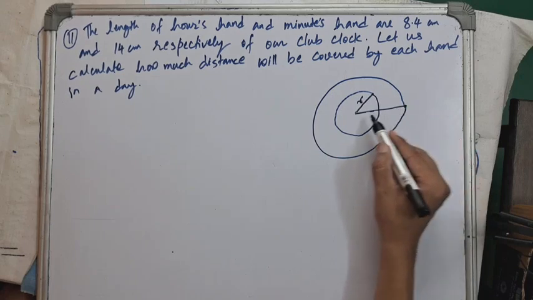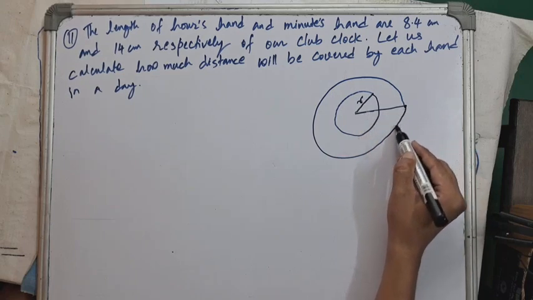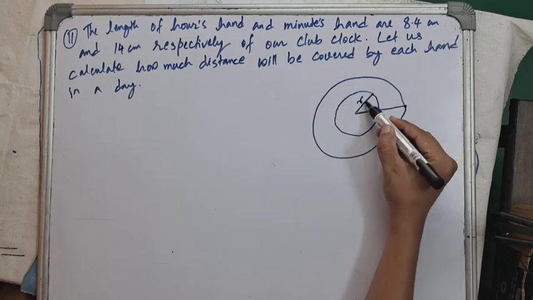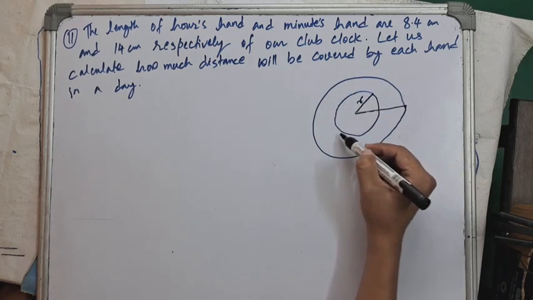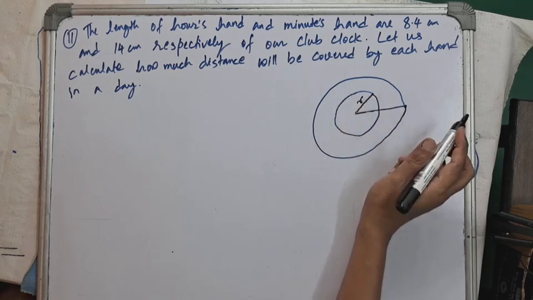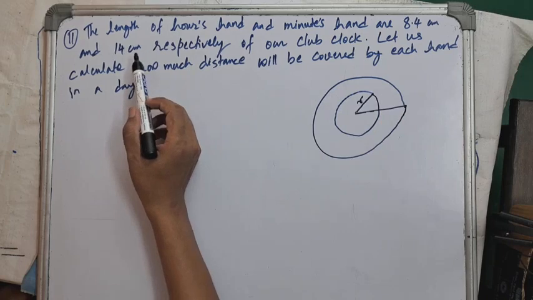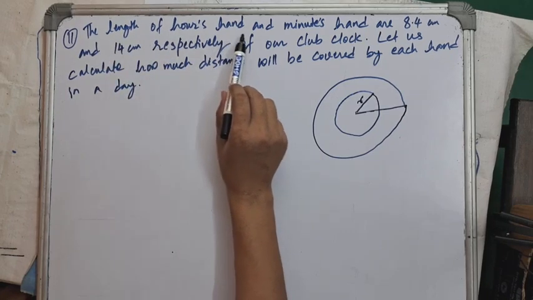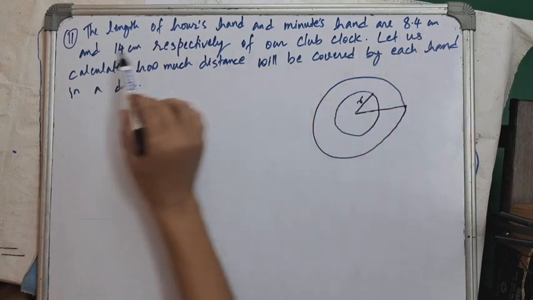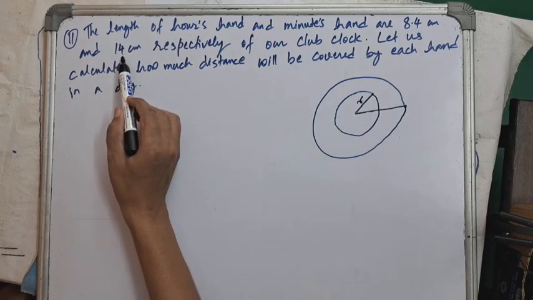This hour hand will cover the circumference of this inner circle in 1 revolution. It is given to us that the length of the hour hand is 8.54 centimeter and the length of the minute hand is 14 centimeter.